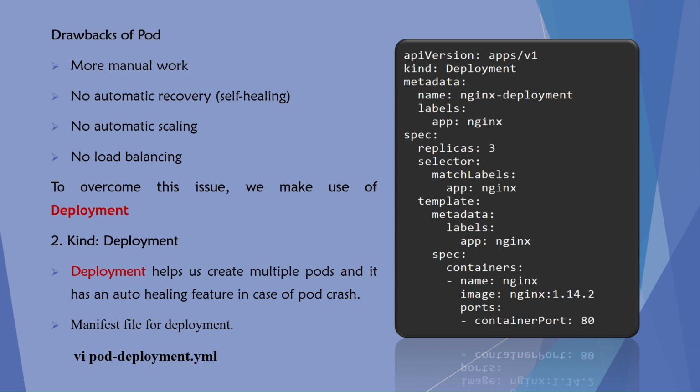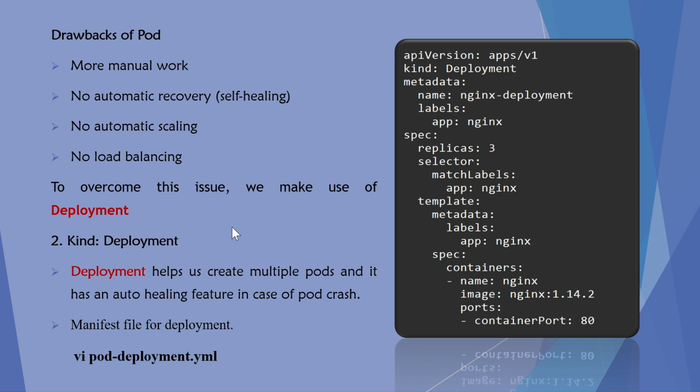If a pod stops working, Kubernetes won't automatically restart it, so you need to do it manually. You cannot easily increase or decrease the number of pods based on demand; you have to manually add or remove them. Without extra configuration, Kubernetes won't automatically distribute traffic between multiple pods, which can cause one pod to get overloaded.